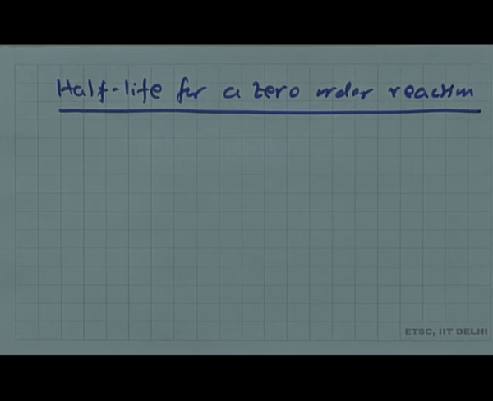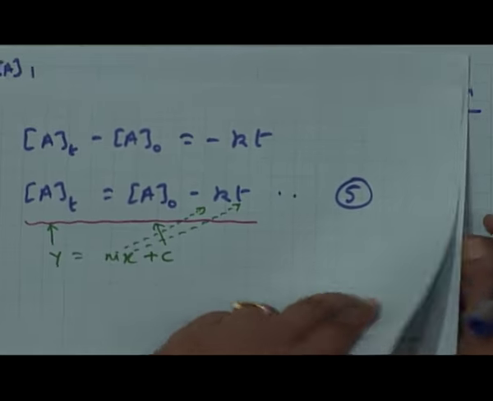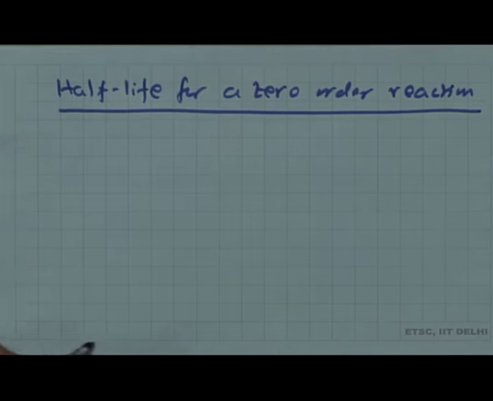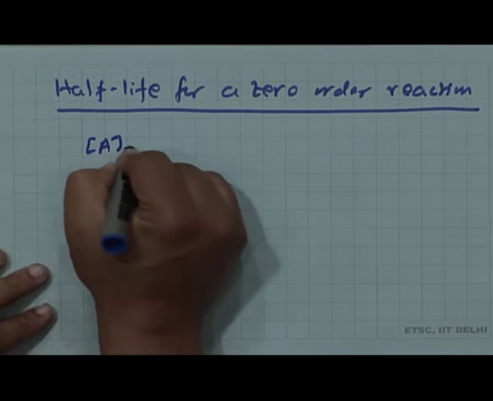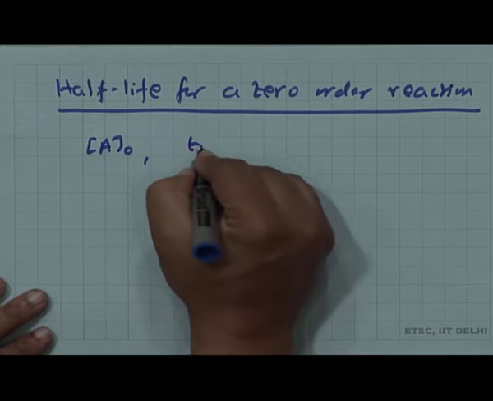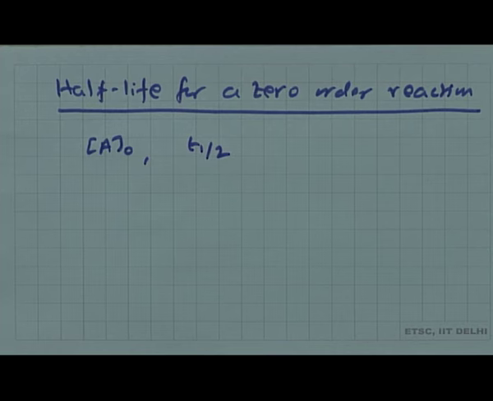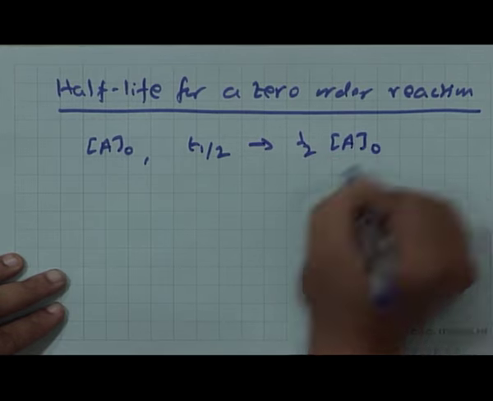Okay. Let me see what my ending equation was. Okay. So, the ending equation was 5, so the next equation number would be 6. I often miss or lose track of my equation numbers, but anyway, let us consider the definition of half life now. The definition was like this: if my initial concentration is A naught, then the half life, and I said the half life we are going to refer to is always the first half life, is the time it takes to go to half of A naught.